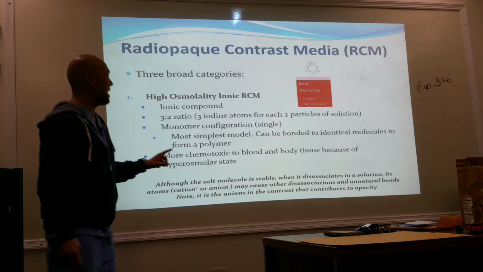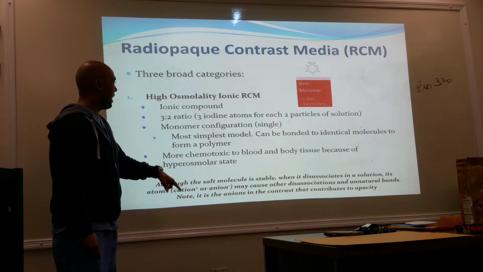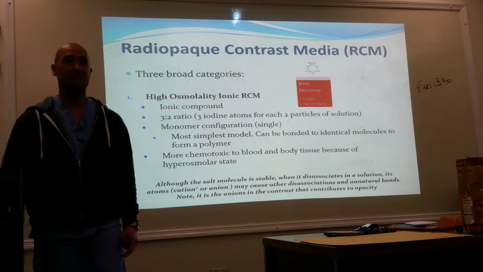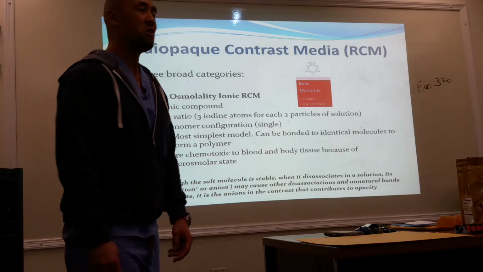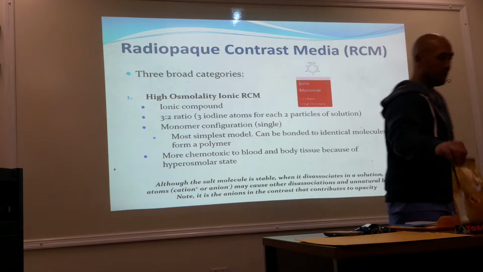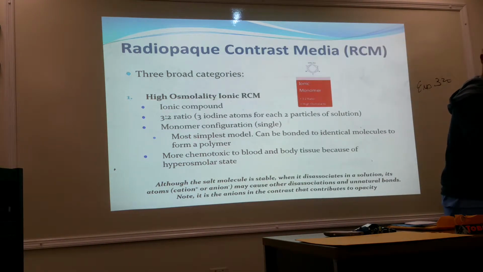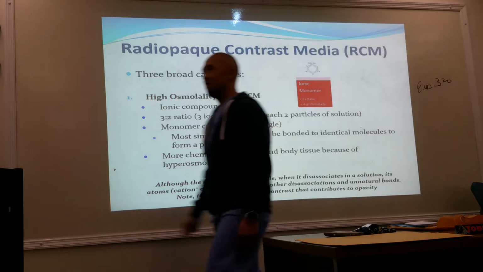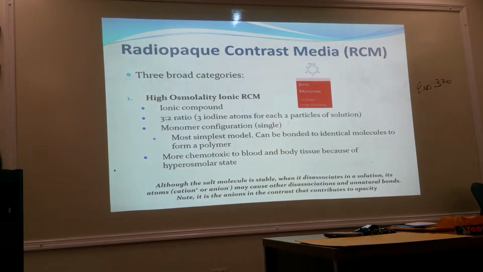Note, it is the anion of this atom that gives you opacity. This is what gives you the opacity on a radiograph. What contributes to opacity is the anion.